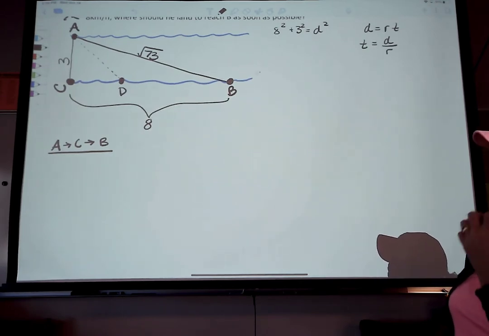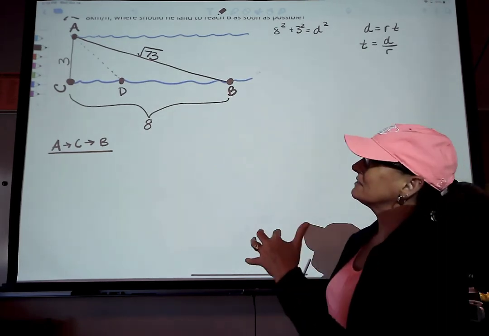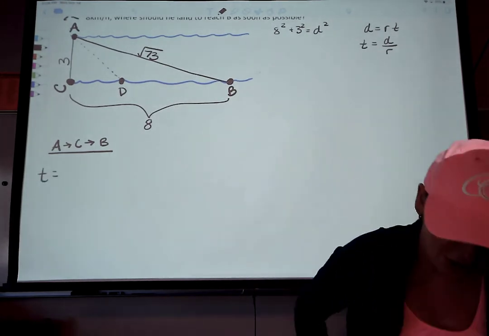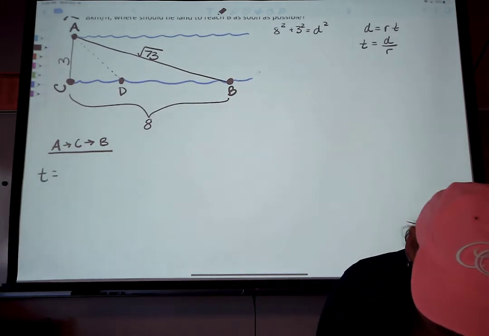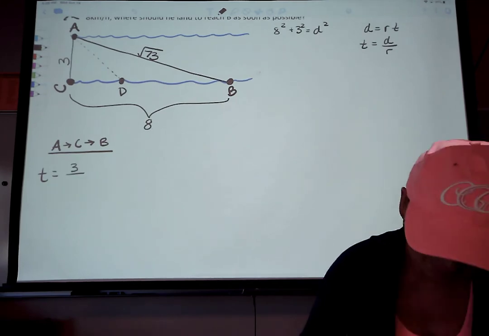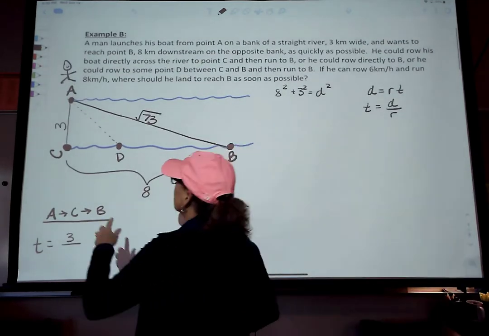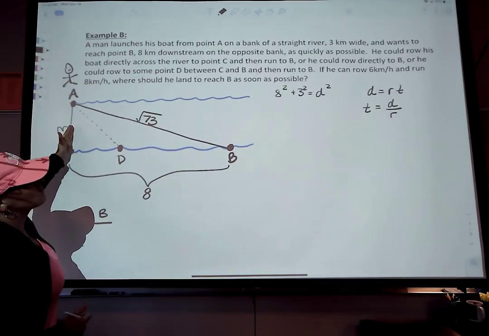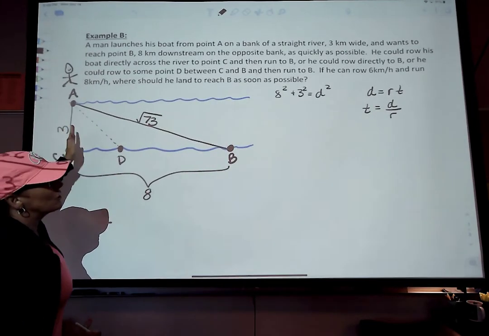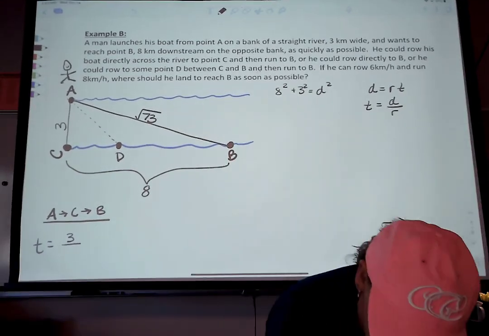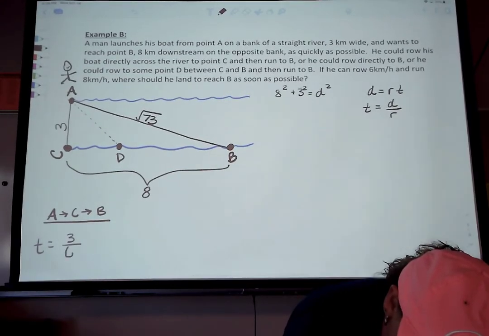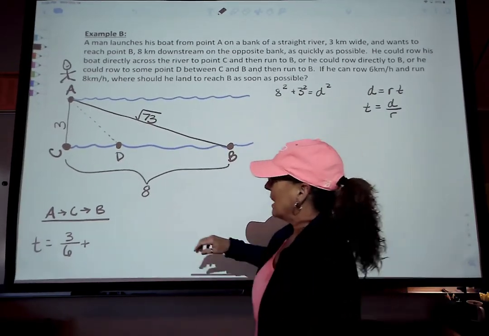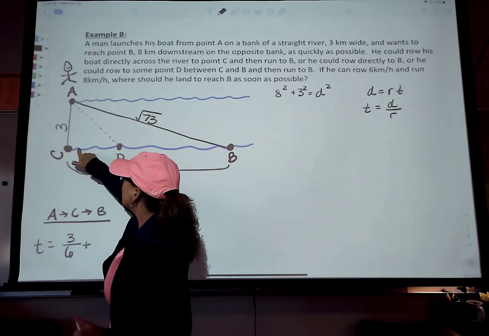Okay, so from A to C, the time equals, the distance is 3, and he's rowing. What is his rowing rate? His rowing rate is 6. So 3 divided by 6 plus, and then he has to run from here to here.